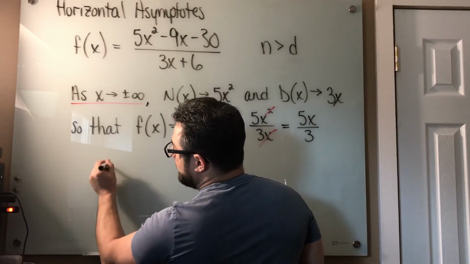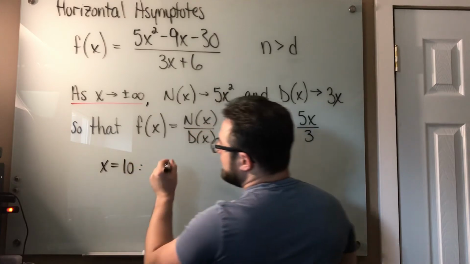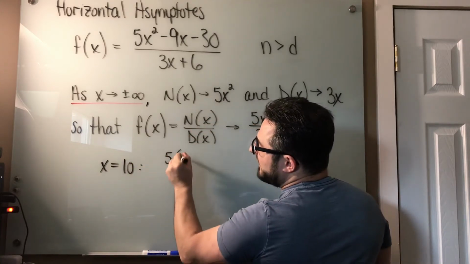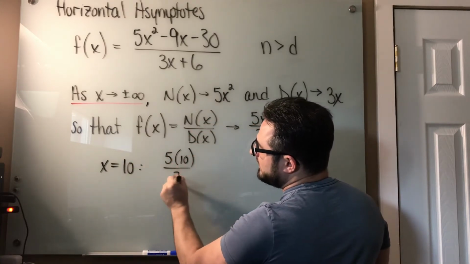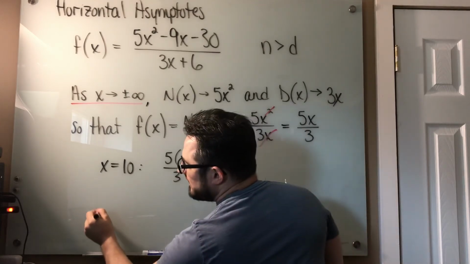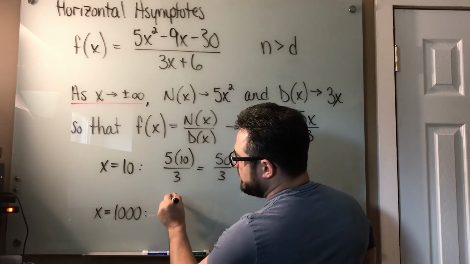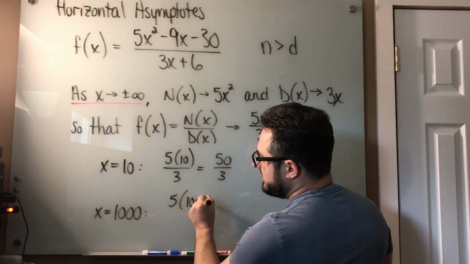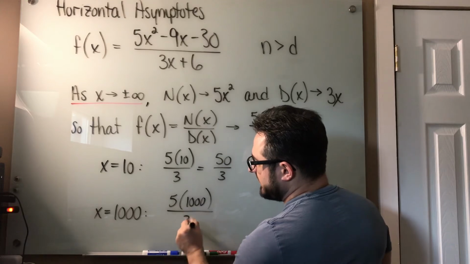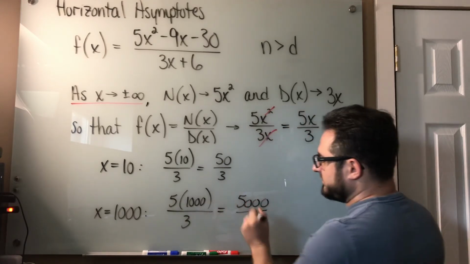So, for example, if x was equal to 10, we would have 5 times 10 over 3, which is 50 over 3. If x was 1,000, a much larger value, we would have 5 times 1,000 over 3, or 5,000 over 3.